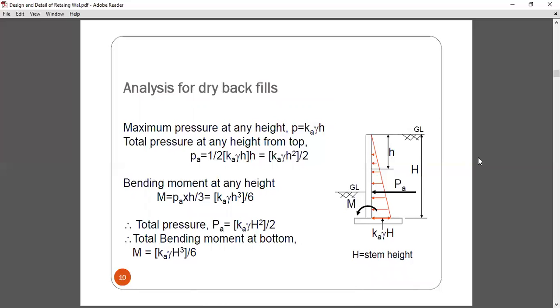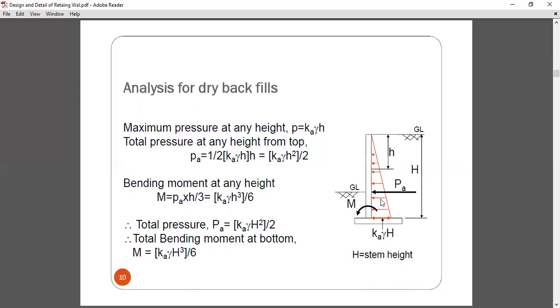Maximum pressure at height H, P is equal to Ka into gamma into H. Total pressure at any height from the top, Pa is equal to 1 half Ka into gamma into H square. All the equations are already studied in geotechnical engineering, so we ignore the equations and their derivations. We just focus on our retaining wall, its loads, and the behavior of the retaining wall.